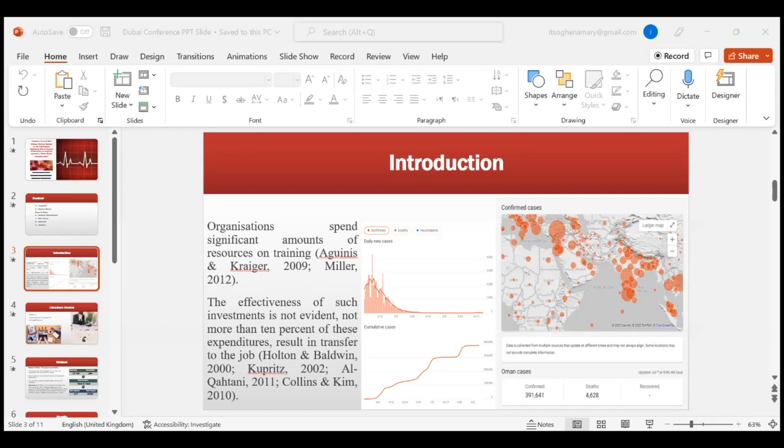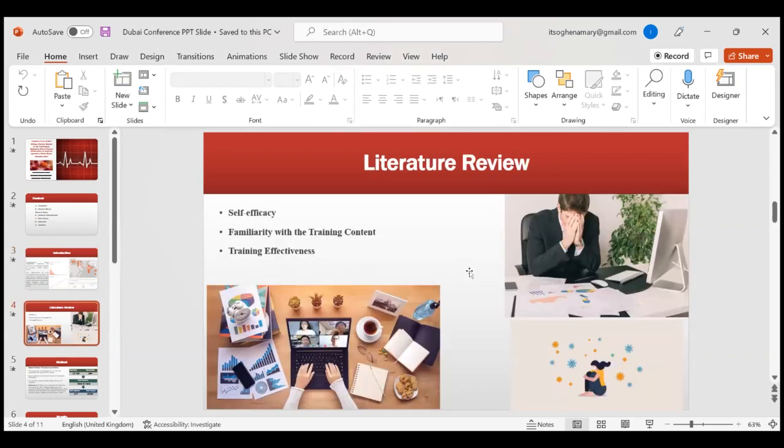So we look at the moderating role of training effectiveness on training content and employee performance. Here we look at self-efficacy, which is the independent variable.